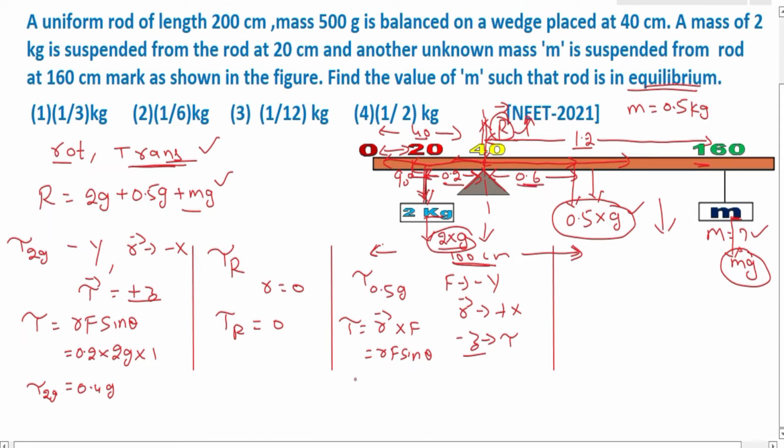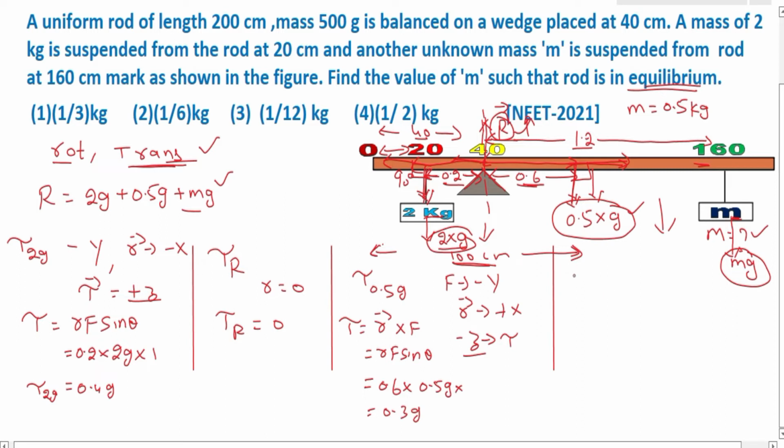So your r will be 0.6 into f is 0.5g into the sine of the angle between r bar and f bar. Your r bar is like this and your f bar is like this. The angle is 90 degrees, so sin 90 means 1. You will get 0.3g torque.